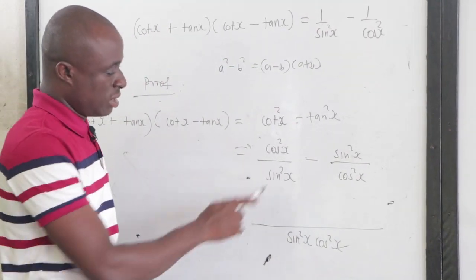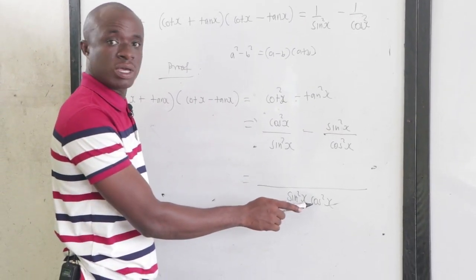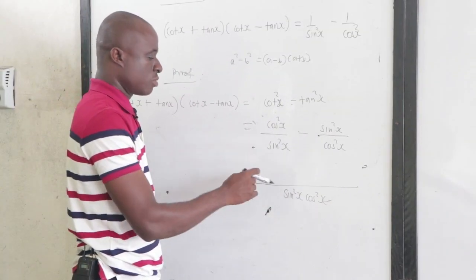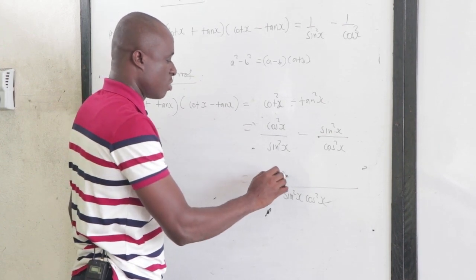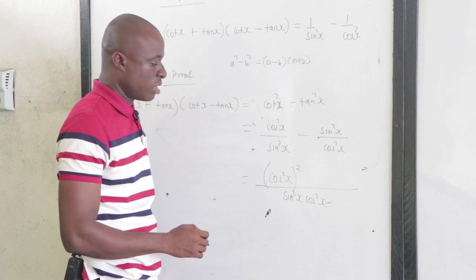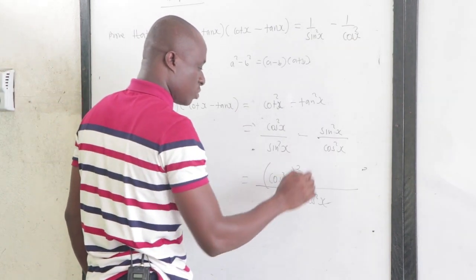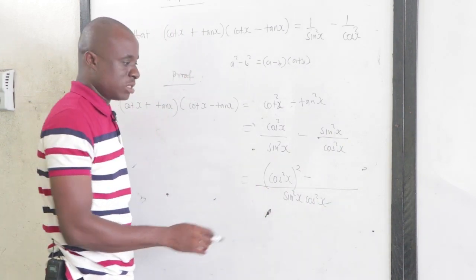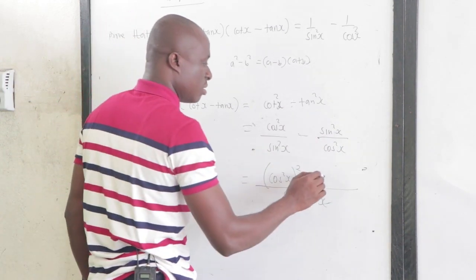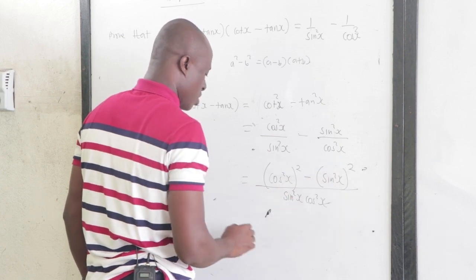Sine square x will cancel sine square x. What is left? Cos square x times cos square x, that is cos to the power 4 x. Now minus this, cos square x will cancel cos square x. What is left? Sine square x times sine square x, so that will be sine square x all square.